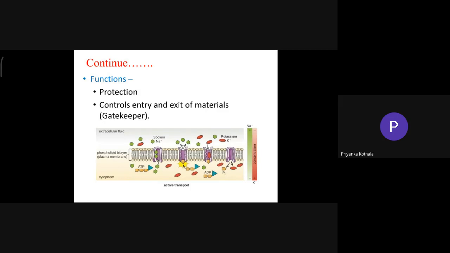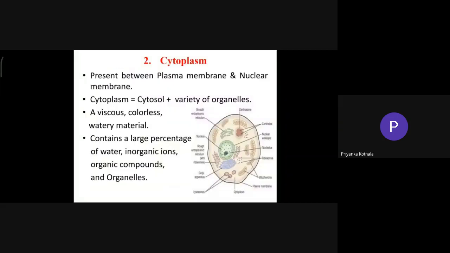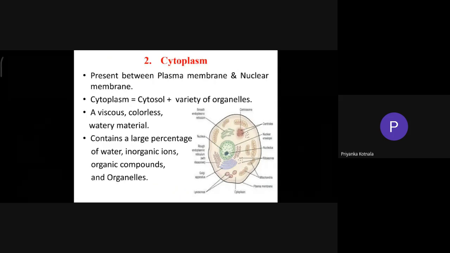Now we will proceed to cytoplasm. Cytoplasm is the second most important part of the cell, and it is present between plasma membrane and nuclear membrane. Means it is present inside the cell between the cell membrane and nucleus.